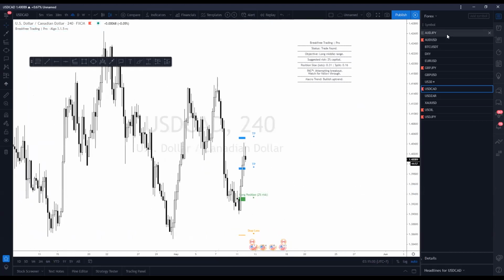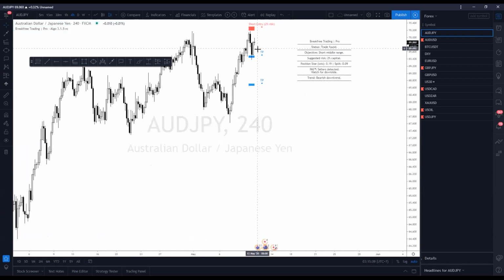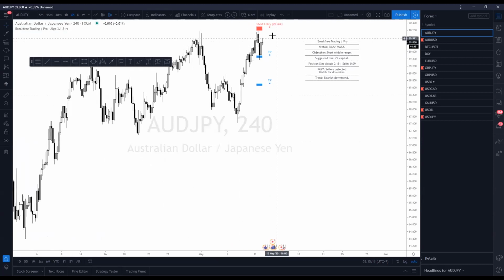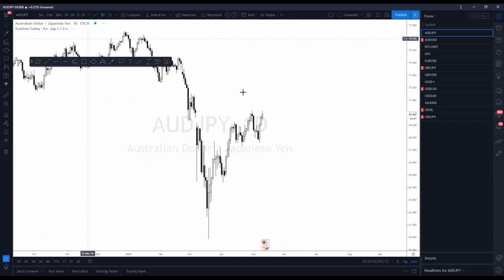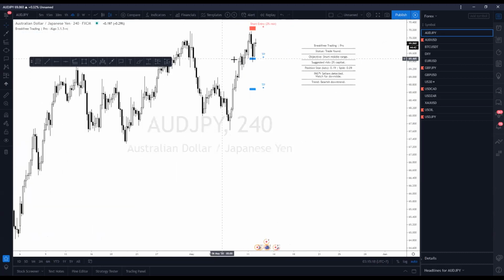Like, for example, AUDJPY. What was it? Yeah, last night. So it dropped. I don't know if you guys were holding or not, but for example, I took a sell right around this area where the TP is, and I was on drawdown for I think 1 or 2 days, and then it came back down.